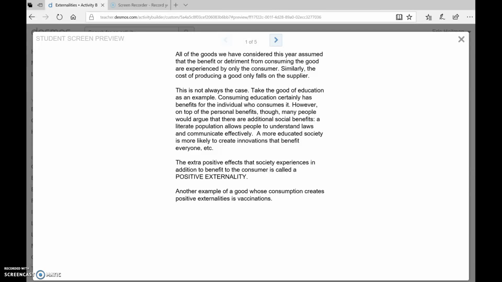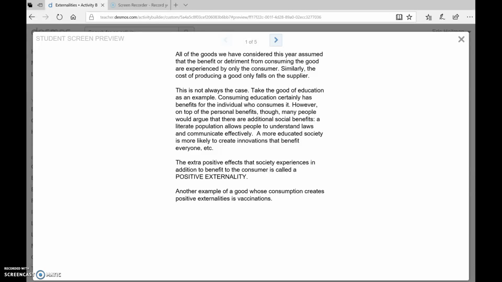But a lot of people would argue that the benefits for education are not just to you personally, that education is important for a society to function. We need people to be able to read, so that they can read traffic signs and communicate with each other in writing. And if we have a more educated society, we're going to be more likely to innovate and invent new things.